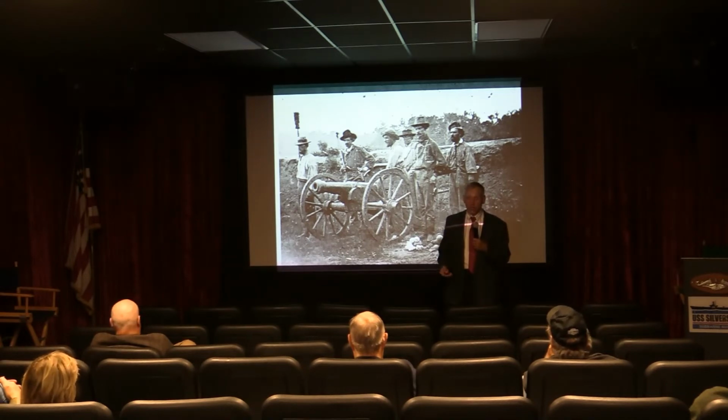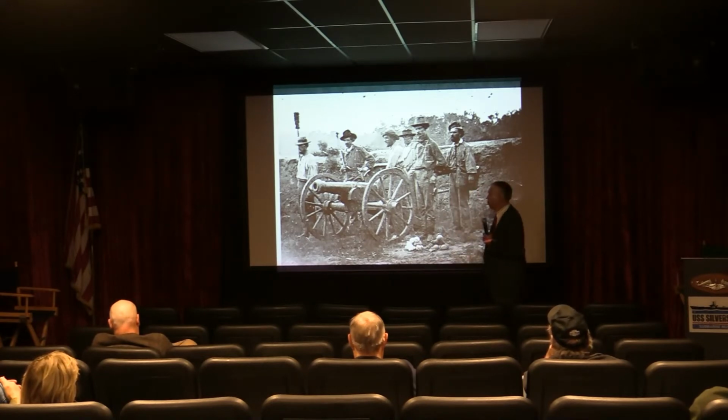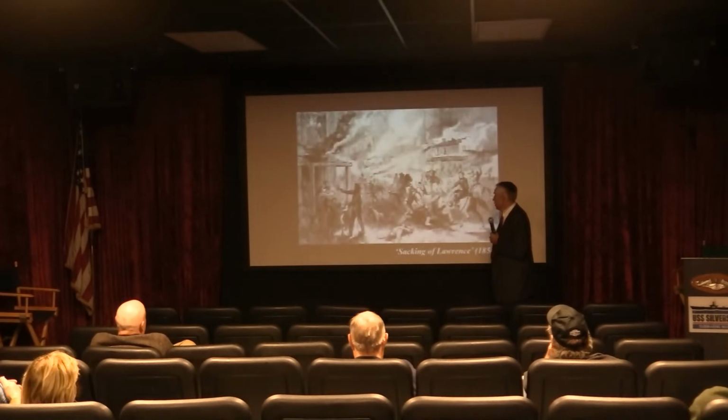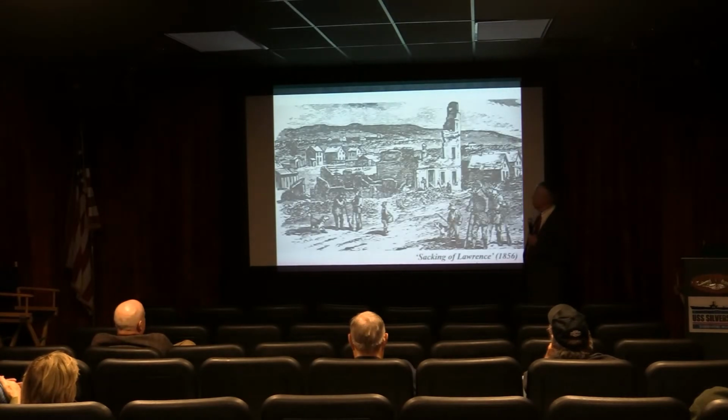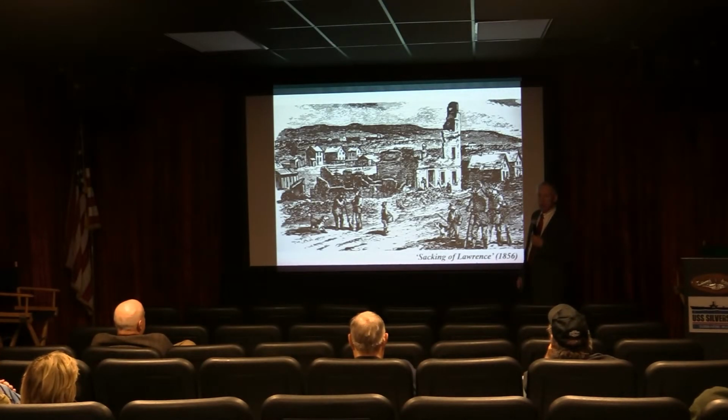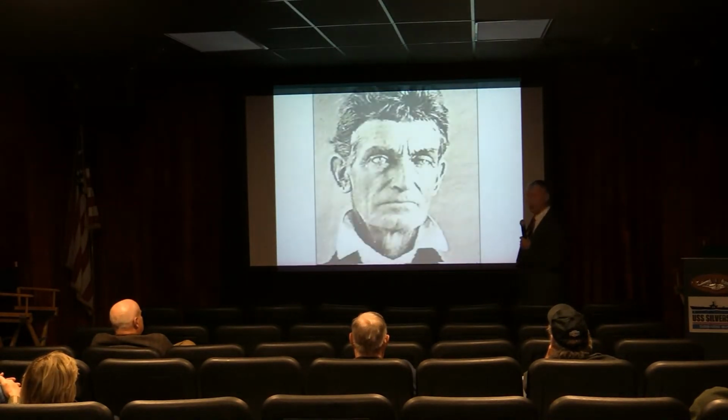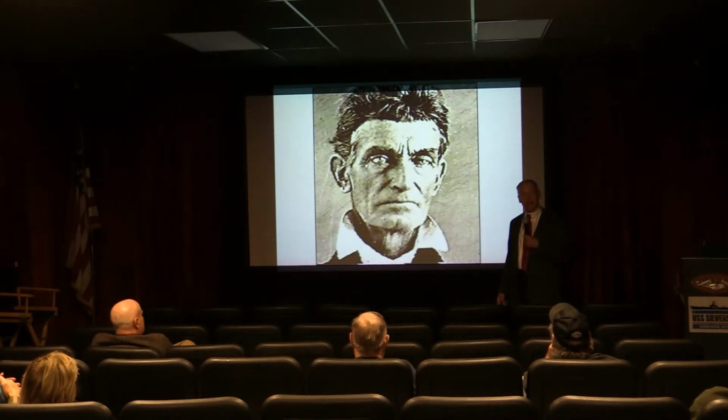For example, a group of southern pro-slavery groups went into Lawrence, Kansas in 1856, and they sacked it, destroyed the town, killed a number of people, just destroyed the area. The North was not going to stand for that. They sent in their own groups, represented perhaps ideally by this crazy-eyed guy.